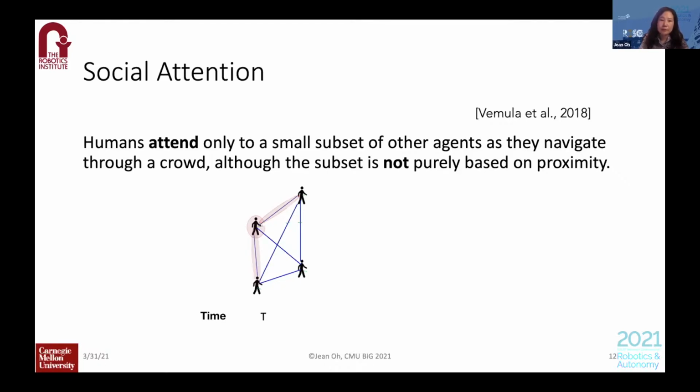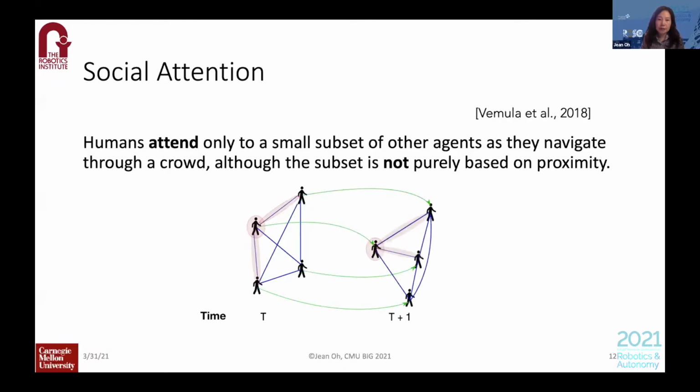Okay, so in this example, you see 4 people. It's a fixed time step, so at one certain time step, you will see these 4 people in different spaces. These blue edges represent the spatial relationship between the 2 agents. These are fully connected graphs.